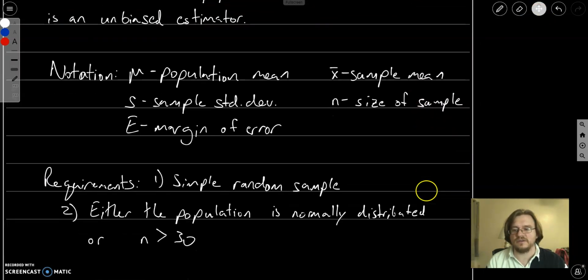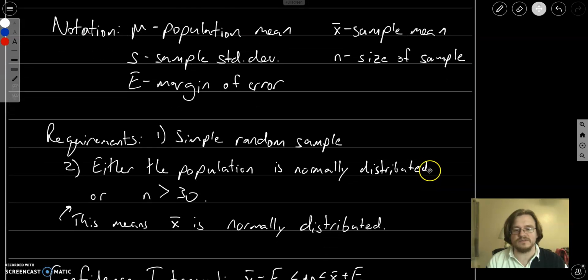and let's go through some notation and requirements for our estimates to be true. So the population mean we normally have as mu, and the sample mean is going to be x bar. X is normally the variable for each individual data value, and x bar is going to be the mean of those values. S is going to be the sample standard deviation. N is the size of the sample.